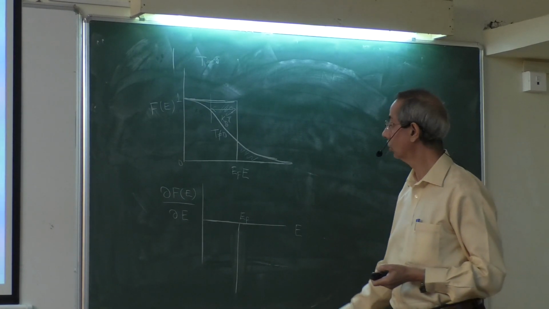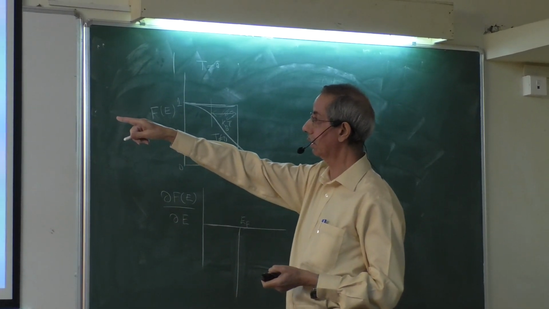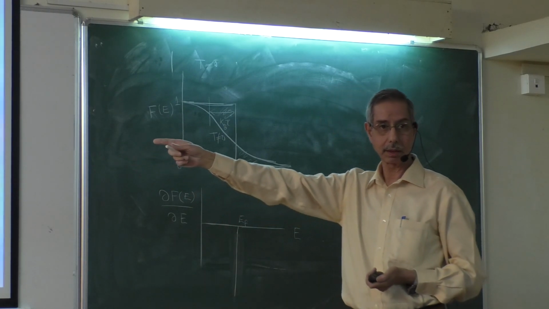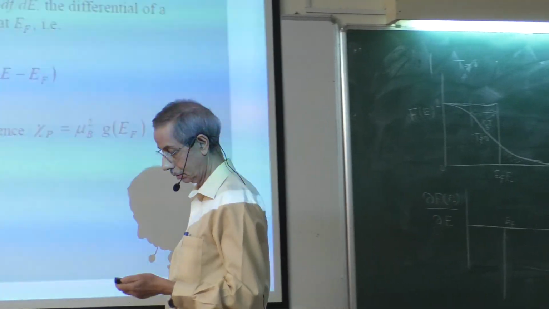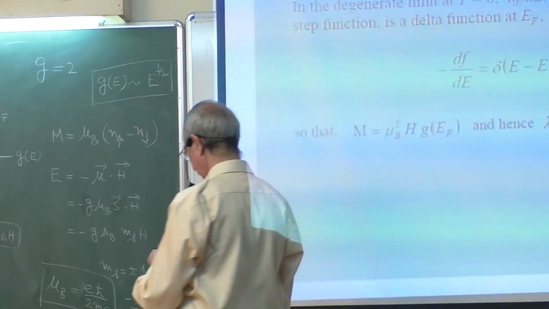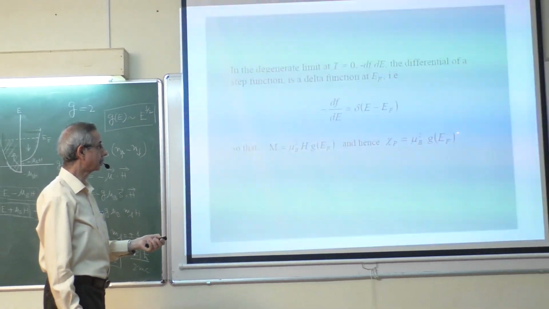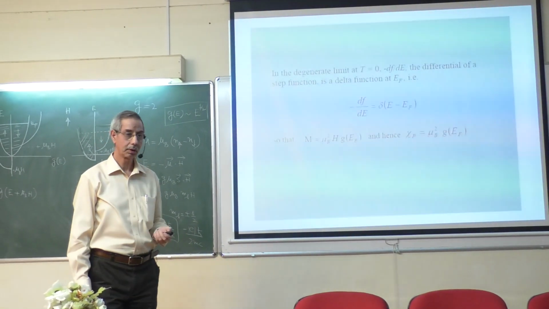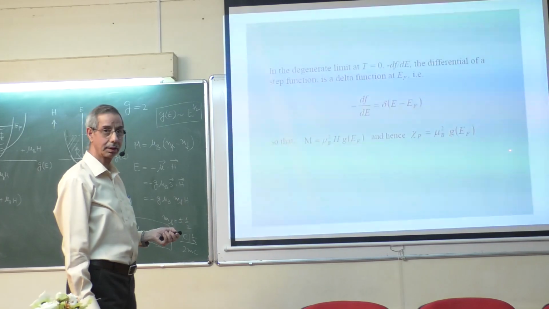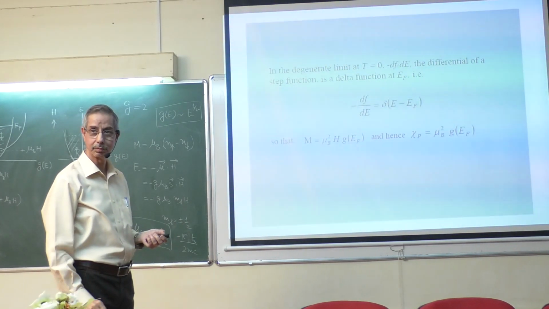Since I have the minus sign there, I can write it as a delta function, delta of E minus E_F. And so the Pauli spin susceptibility is just this. It is proportional to the density of states at the Fermi level.